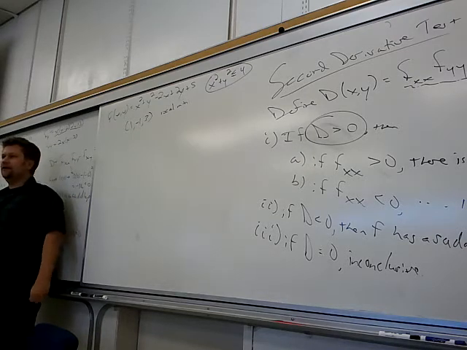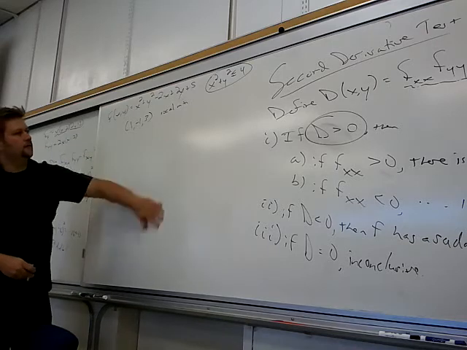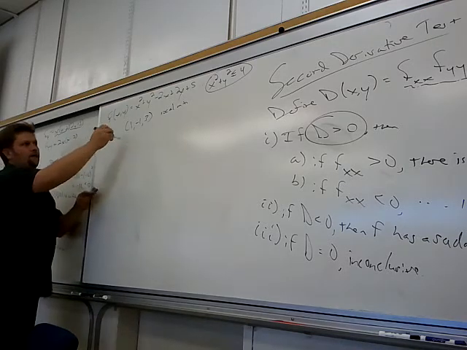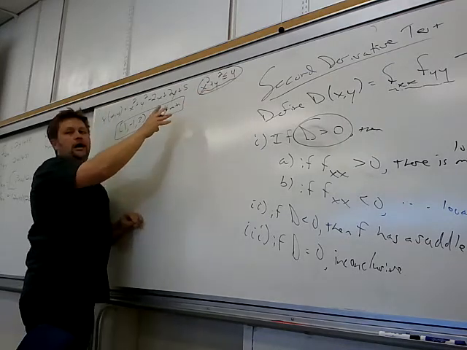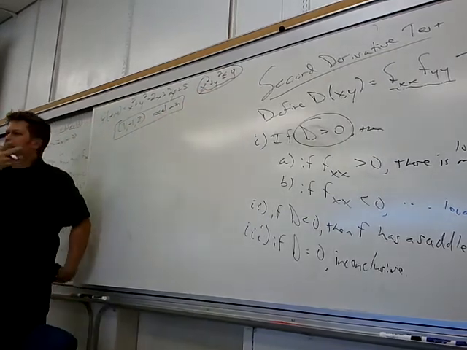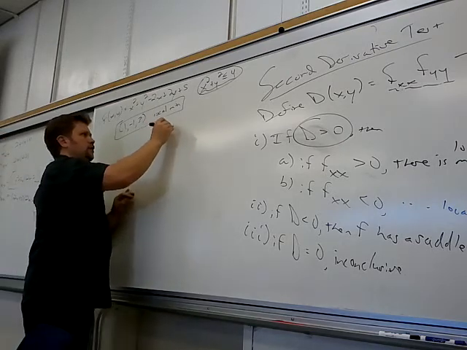So here's the funny thing. I've already done this. Now, does anybody have a suggestion? What's the boundary that I have to check? It's a circle. So the boundary is actually all these points.